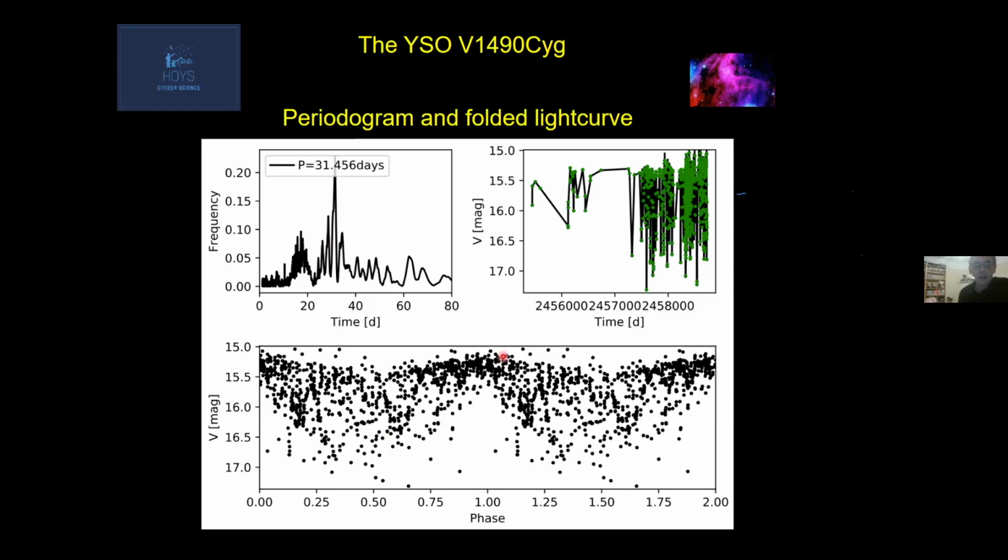What you see is roughly at phase 0 and 1, the star returns to the bright state, so it's bright. But in between, every time there's a dimming event, which happens every month, the star has a slightly different brightness. So basically what it means is the amount of material that is going in front of the star is different every time it comes around.